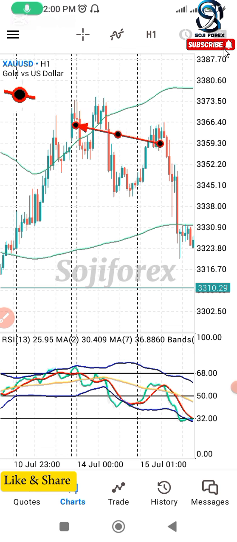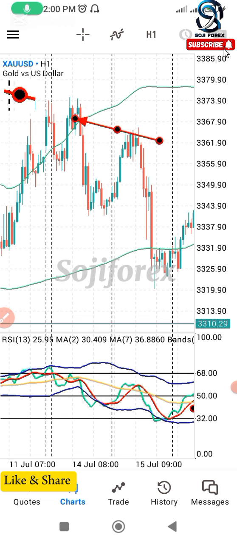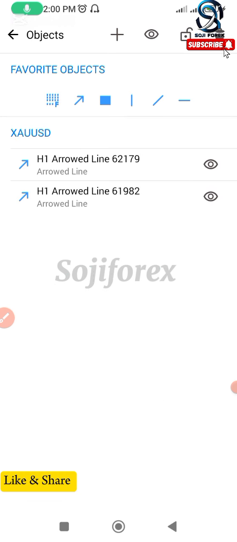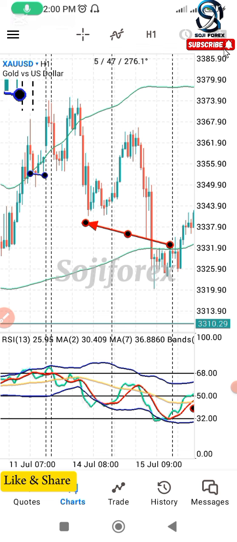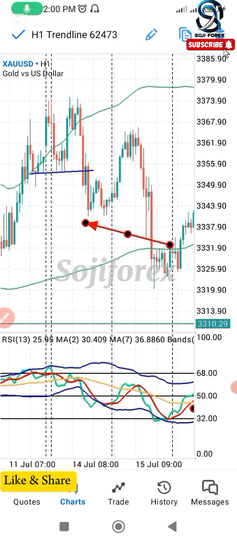And if you don't know what an order block is, I recommend that you watch previous videos on this channel where we have discussed an order block. So a bearish order block is the last bullish candle before this movement that breaks structure. This is where the structure was broken.